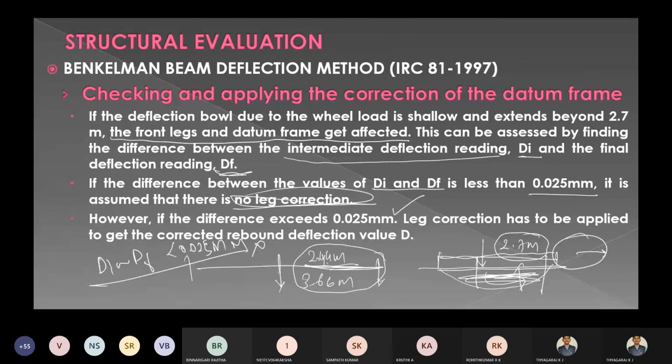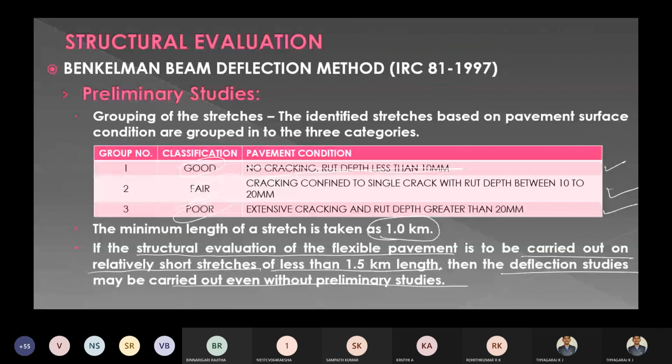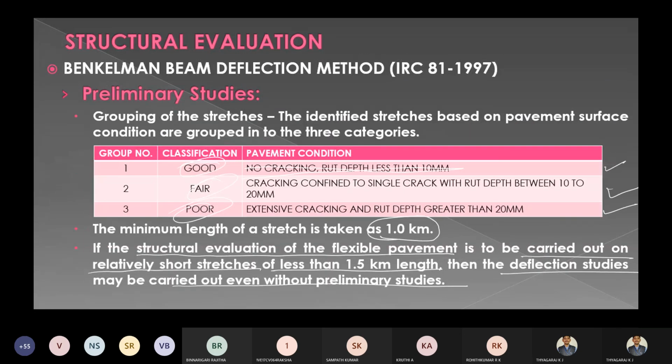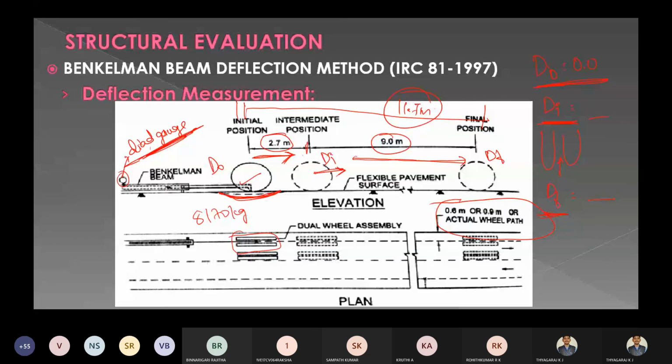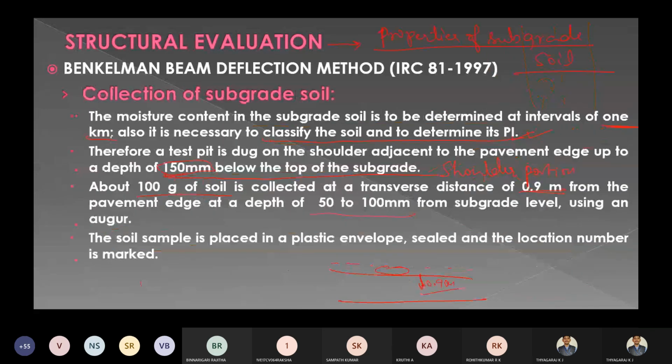Any doubts in this? So today we have discussed the preliminary study. What are the preliminary studies we are going to adopt? That is pavement condition survey, grouping of the road stretch, marking, then deflection measurements, how we are going to measure the deflection in the pavement. The same procedure has been given here.